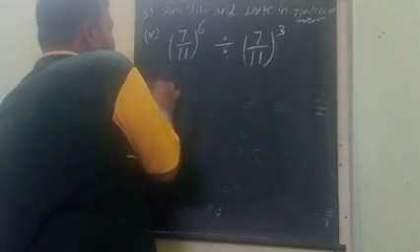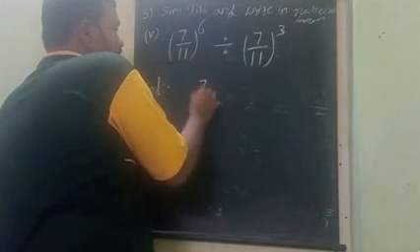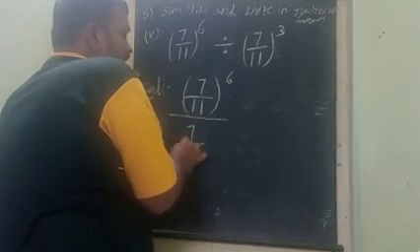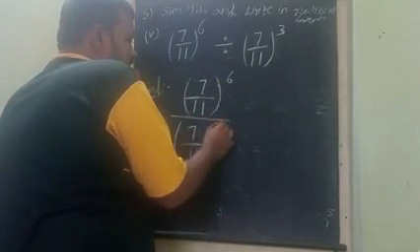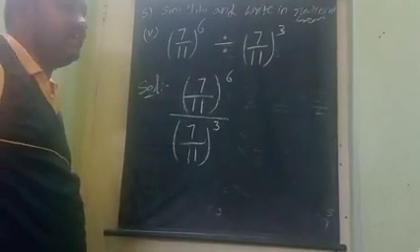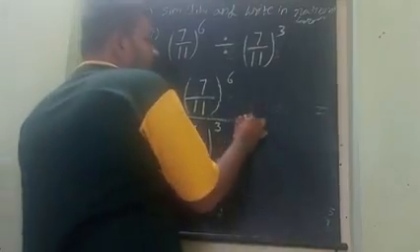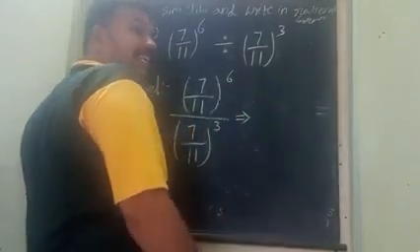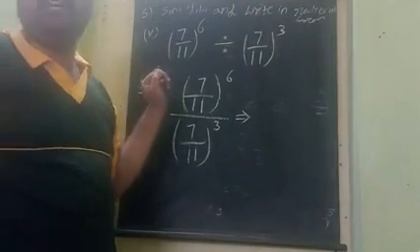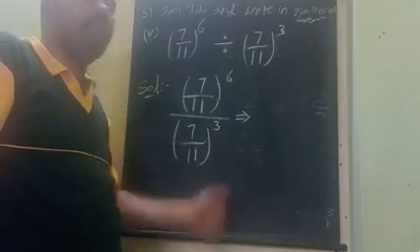So take that one subtraction sum: 7 by 11 whole to the power of 6 by 7 by 11 whole to the power of 3. Bases are same under division, powers we have to subtract. Before subtraction, we have to check where is the highest power, in the numerator or in the denominator. Numerator has 6, denominator has 3.